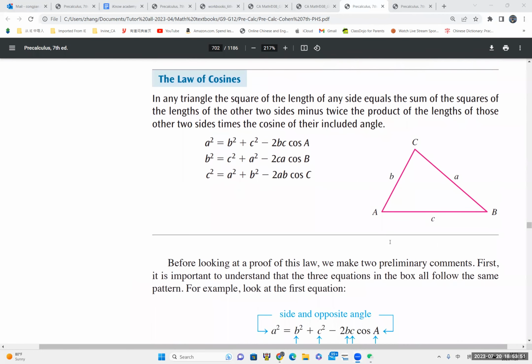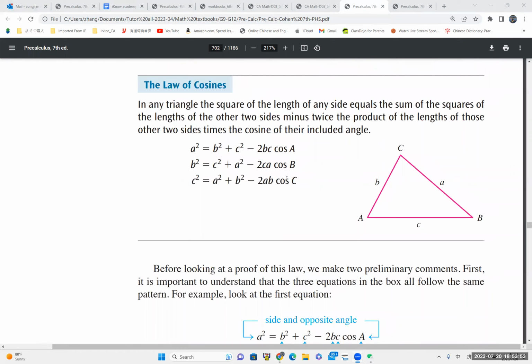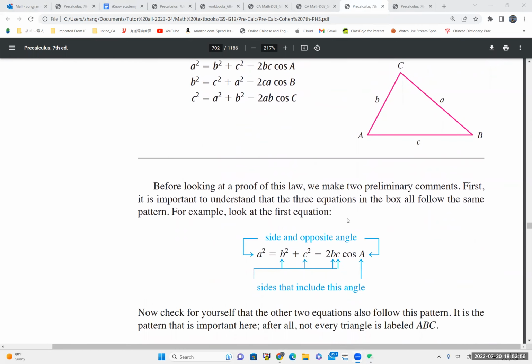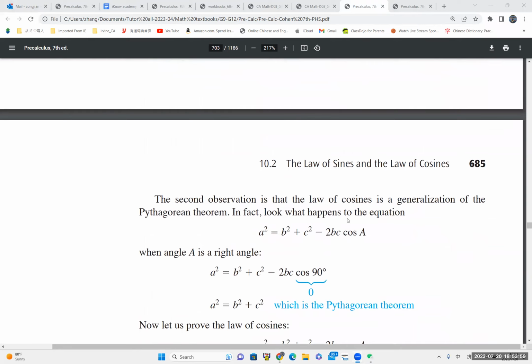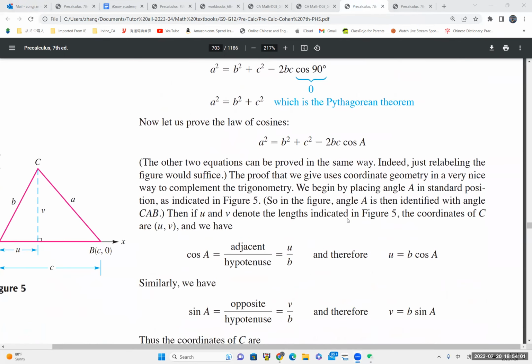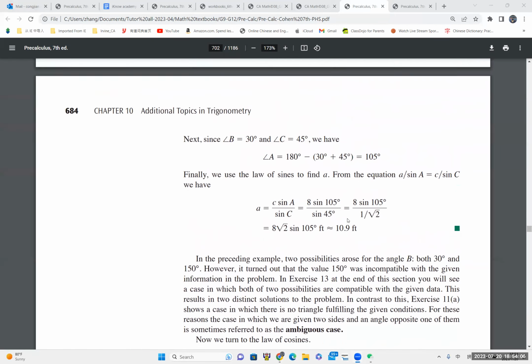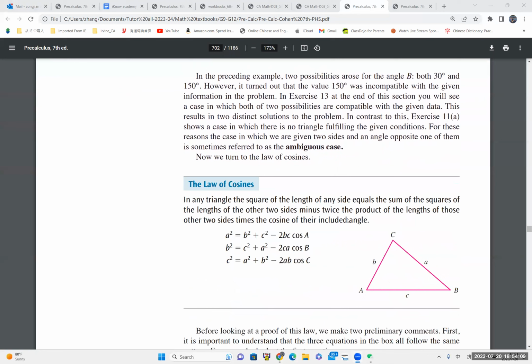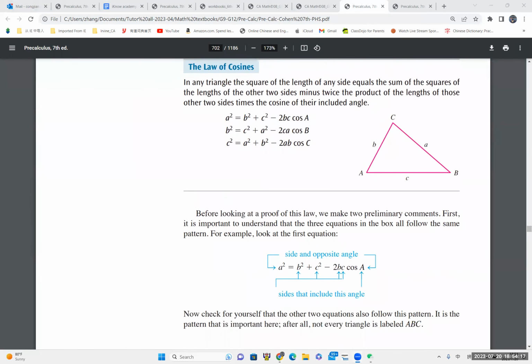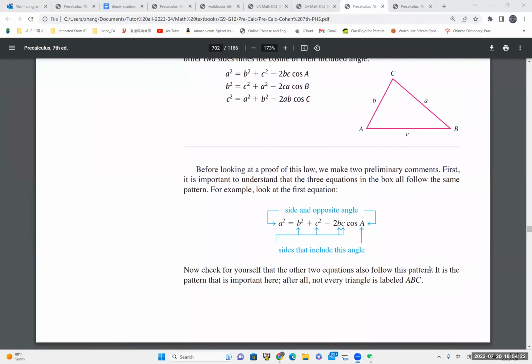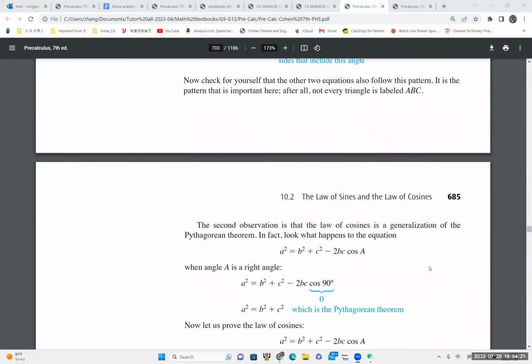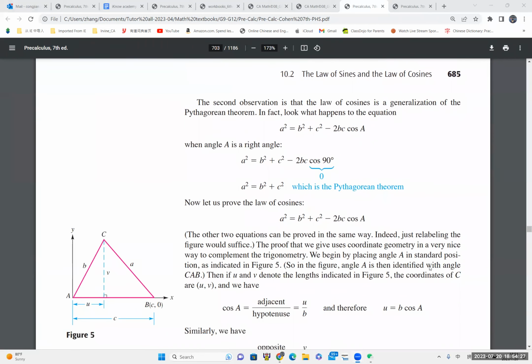Okay, now let's say law of cosine. They don't mention how they get it. Let me see. Anyway, you need to remember this.